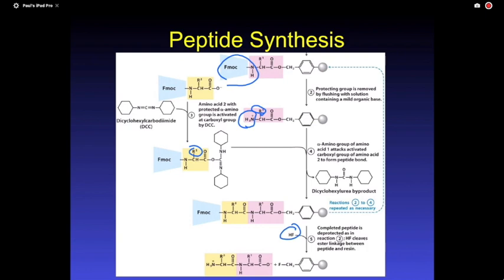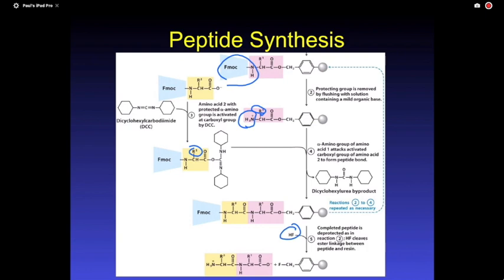Lysine would have a nitrogen that is free that would compete with the N-terminus if you just left it there. And this is where the new textbook does indicate that all R groups have to be protected. There are R groups that have a C-terminus, that have an acid that could have been reacted with a DCC and then could react in inappropriate ways. And so every R group must also be protected.